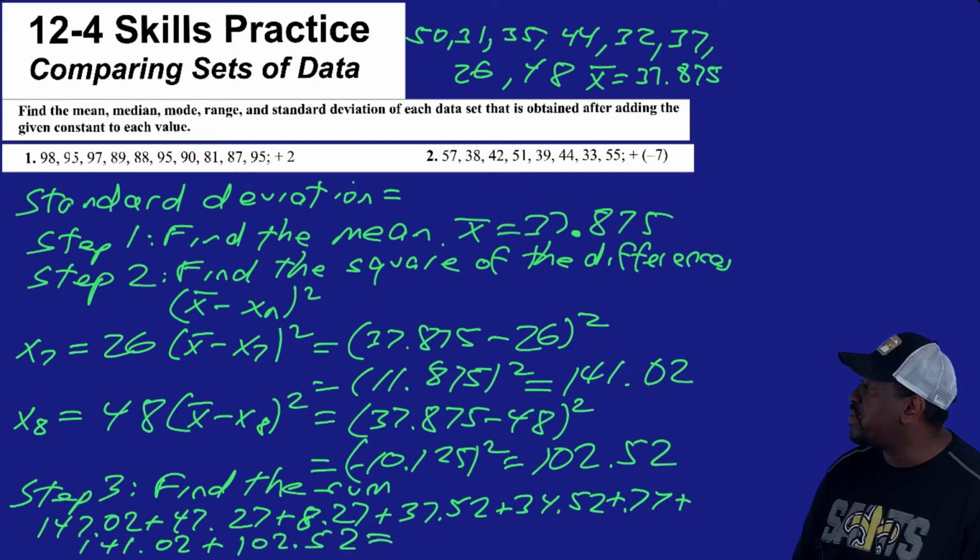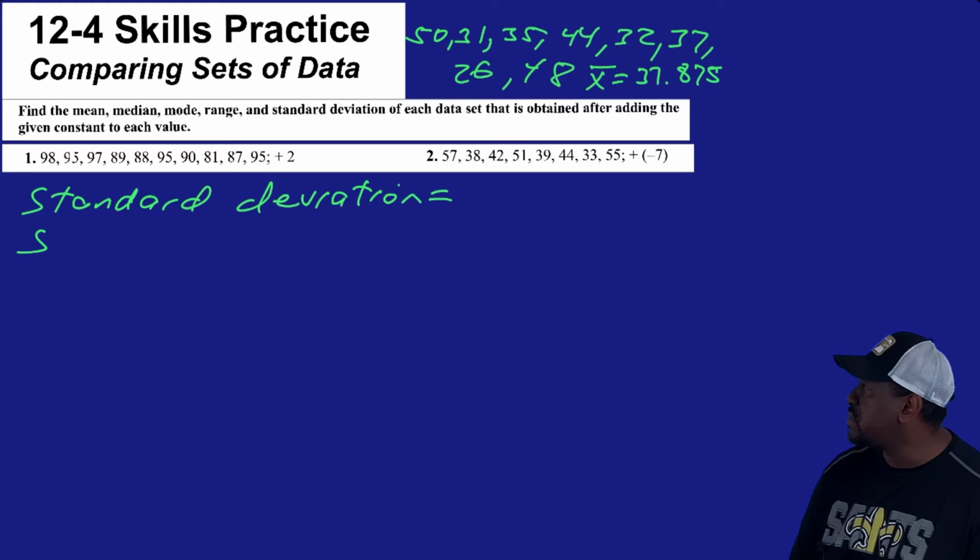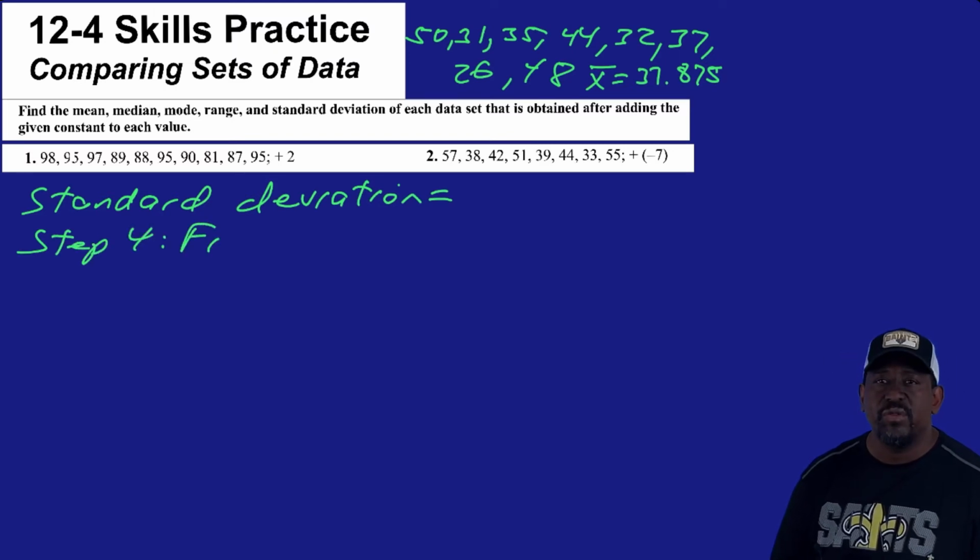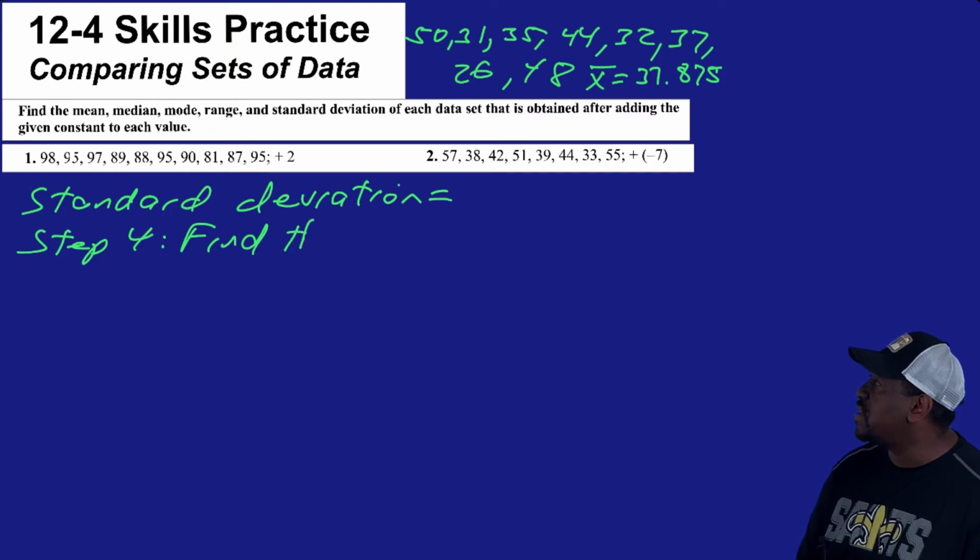We're almost done here. It takes a lot. And so we will get a sum of, I think it's 518.91.